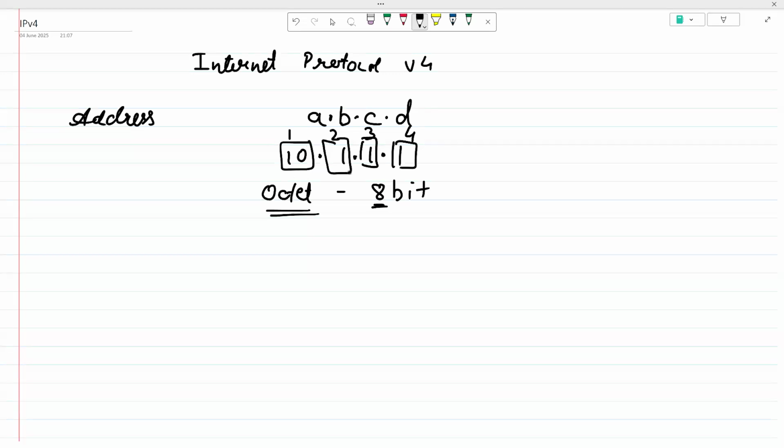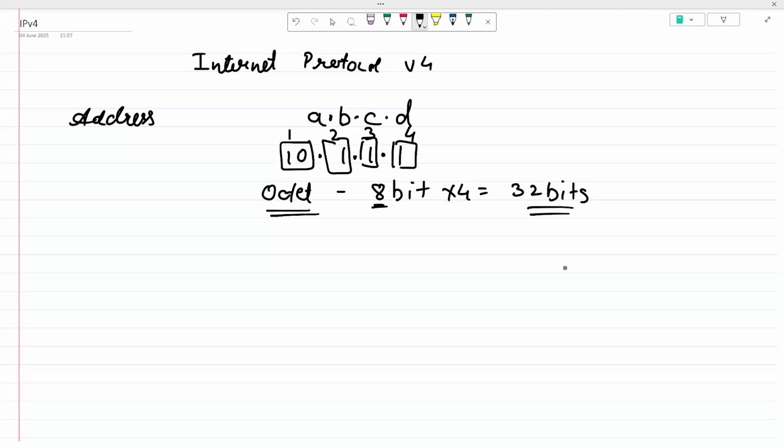Each number is an octet, and that is why we say IPv4 has 4 octets. So 4 octets times 8 bits makes 32 bits. Any IP address that you see in the network is a 32-bit long IP address.